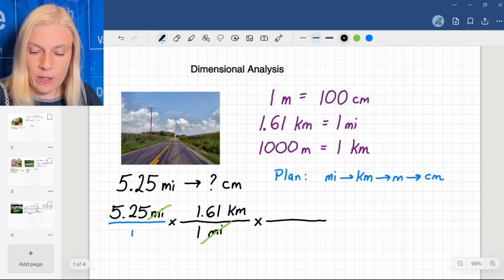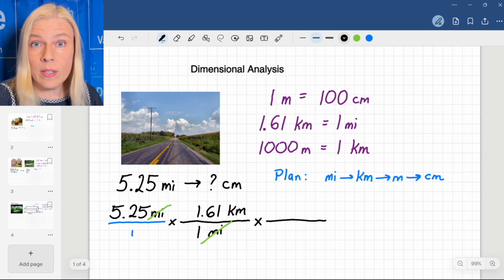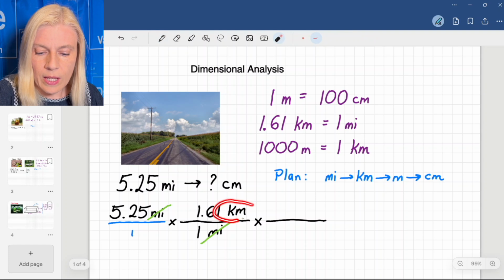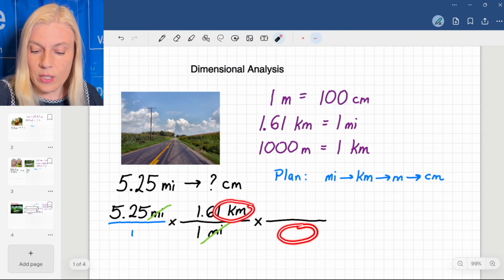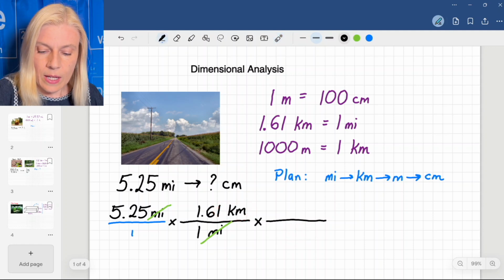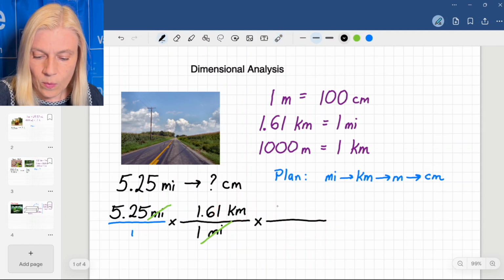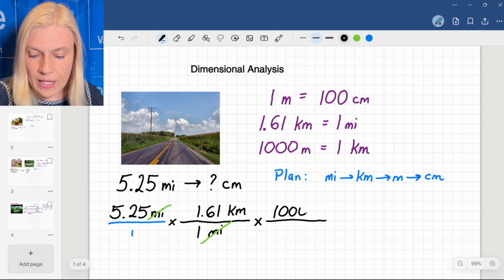Well, there is 1,000 meters in a kilometer. What goes on top? What goes on the bottom? If I have kilometers here on top, I have to have kilometers here on the bottom, so as to cancel it out. So let's put there is 1,000 meters in 1 kilometer.